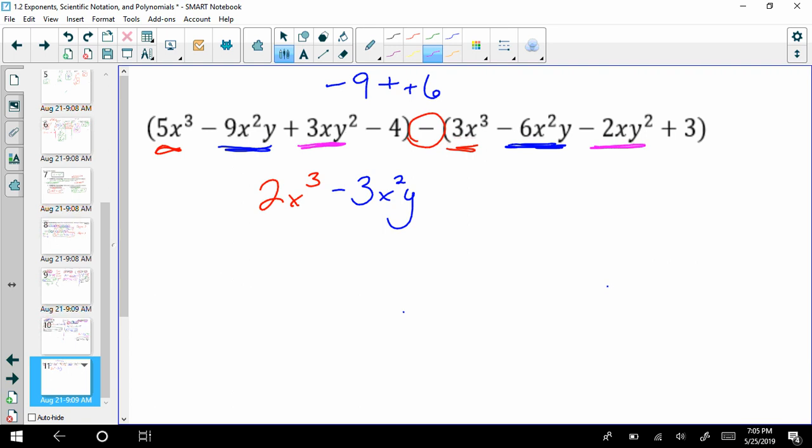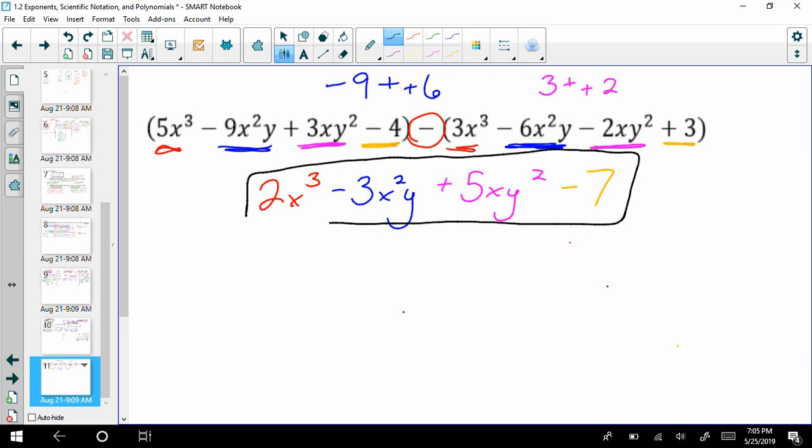So 3 minus negative 2. So 5xy squared. And then negative 4 minus 3 would be negative 7. There would be my result.